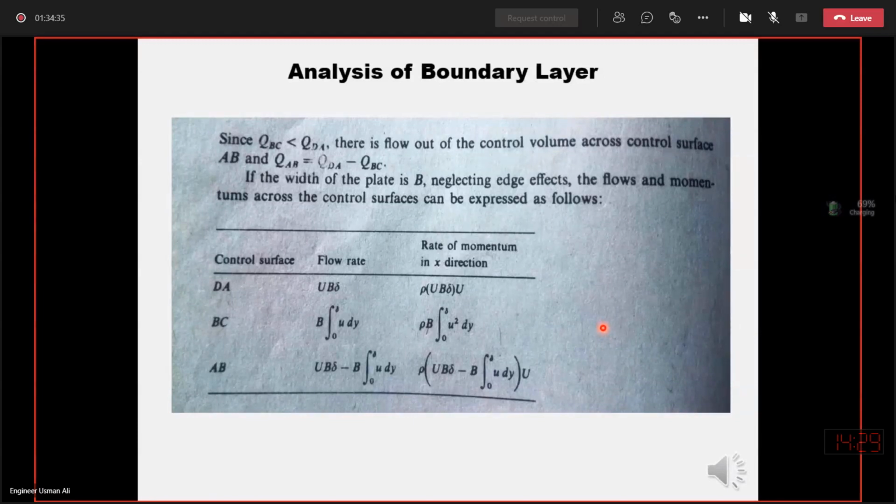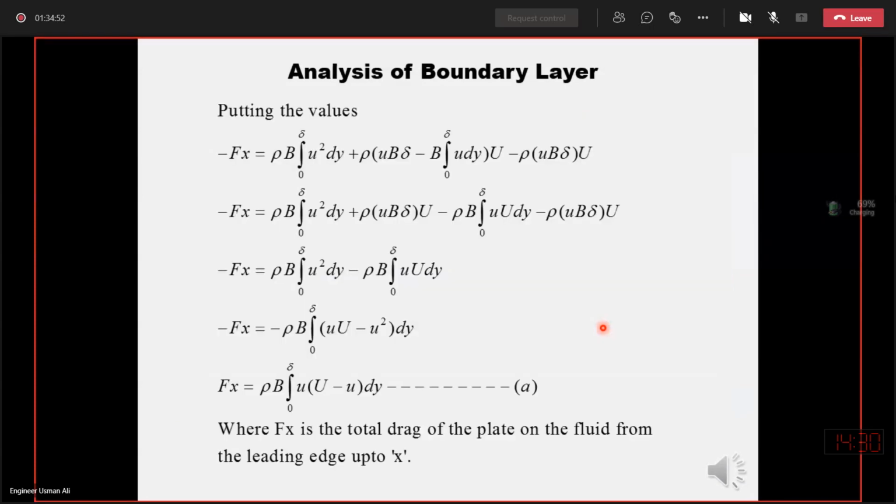So you should try at your places also, so that you can know how we have written this, how we can write the flow rate.